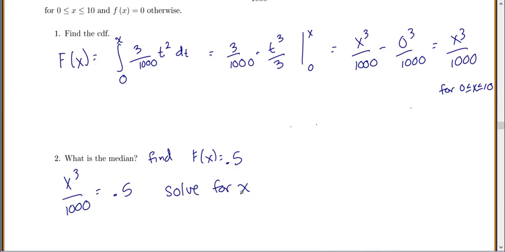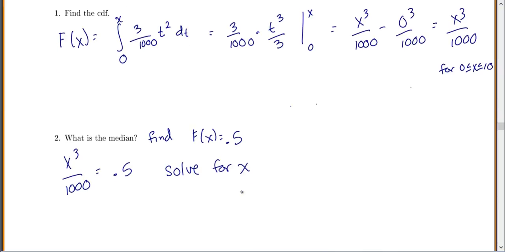I'm not going to actually do that; you should be able to do that by now. We get x equals 7.937, and that is our median. So half the data is below 7.937, half the data is above 7.937.